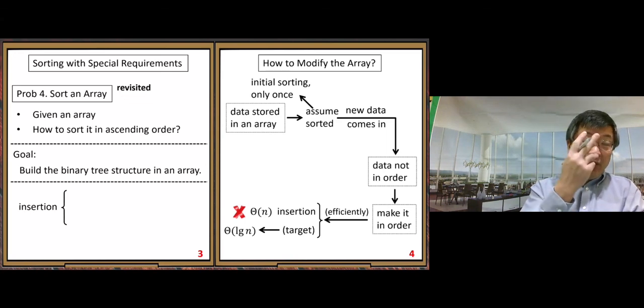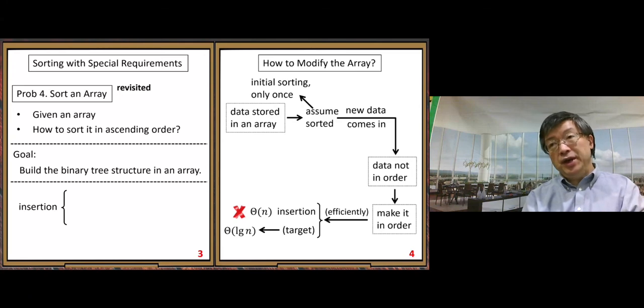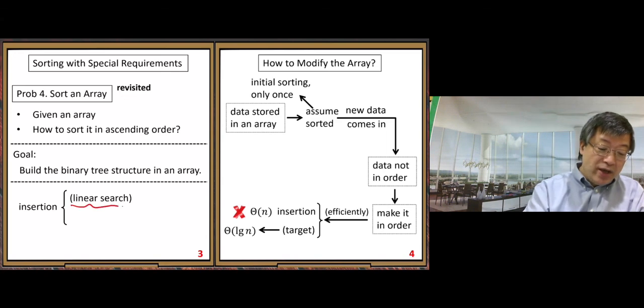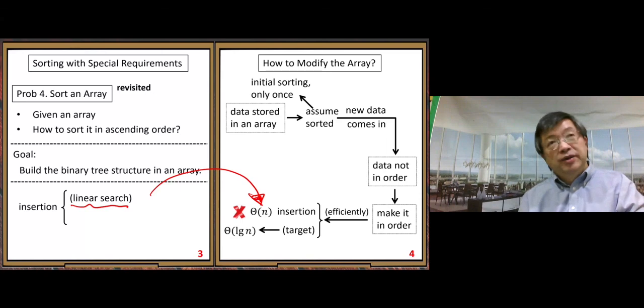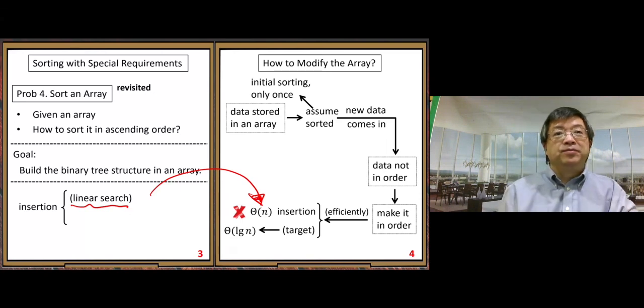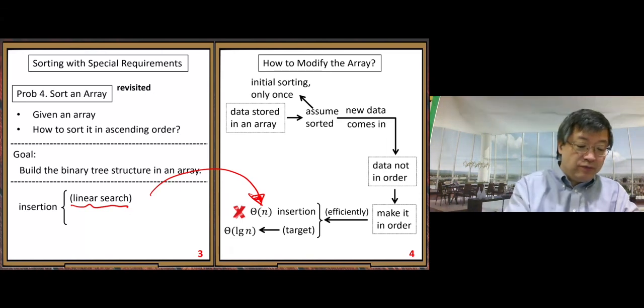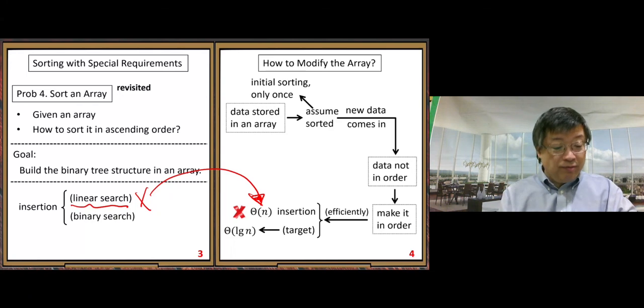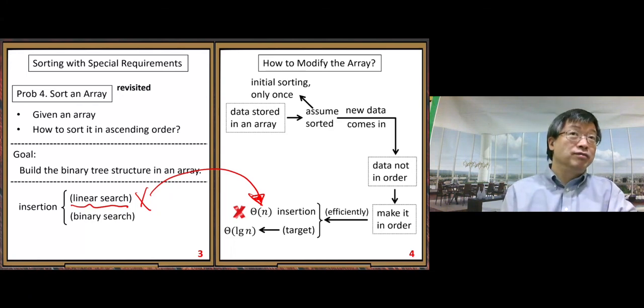Basically, we can use two different ways to do the insertion. The first way is the linear search way, which corresponds to big theta of n, and we don't like that. But we have another way to do the insertion based on binary search. Remember, we use this way many times.